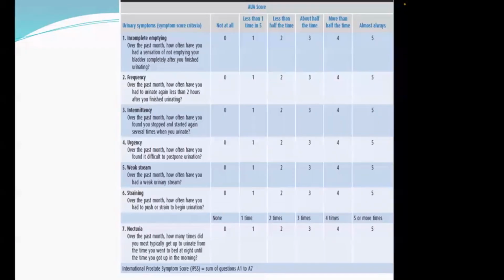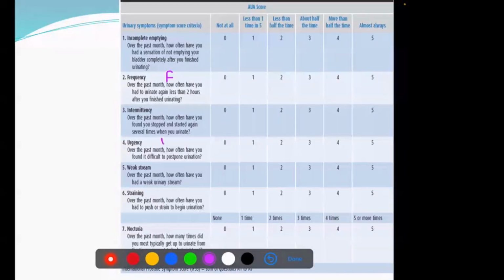Whenever we get a patient with BPH, we ask questions related to these seven points: frequency, urgency, nocturia, intermittency, poor flow means weak stream, straining, sense of incomplete voiding.